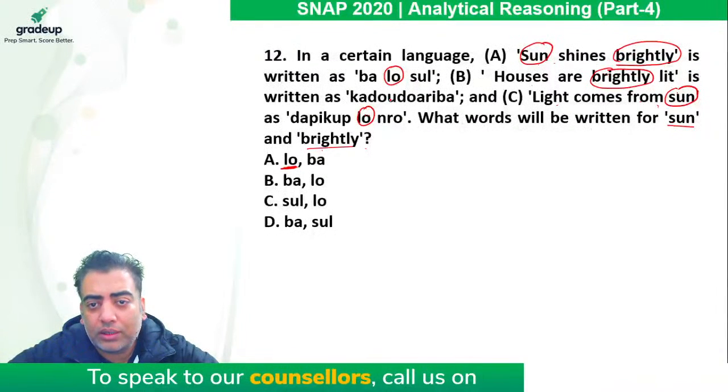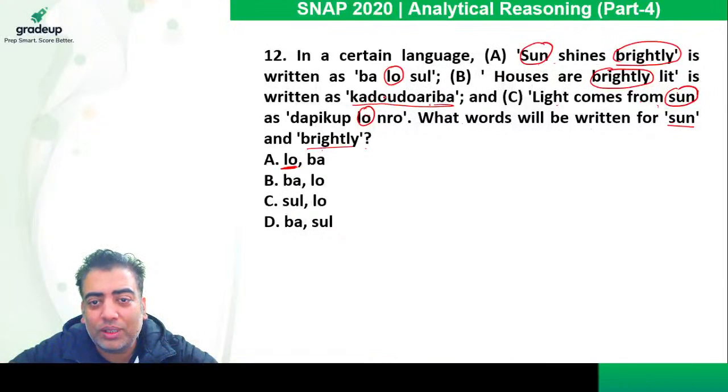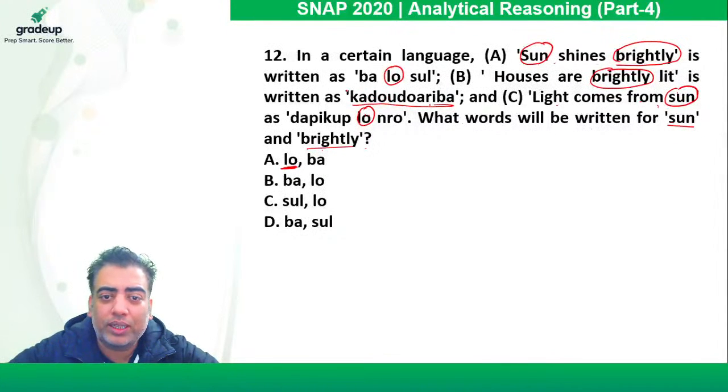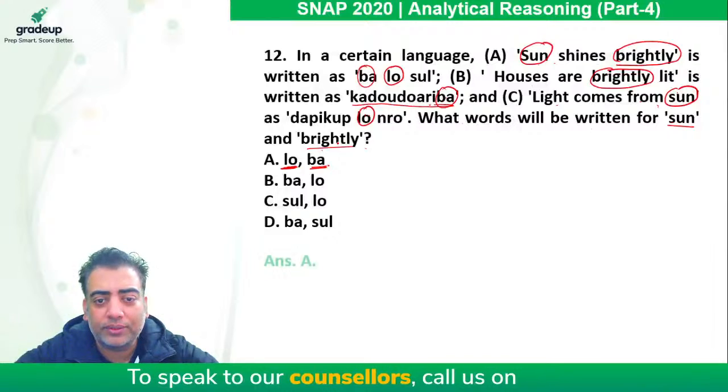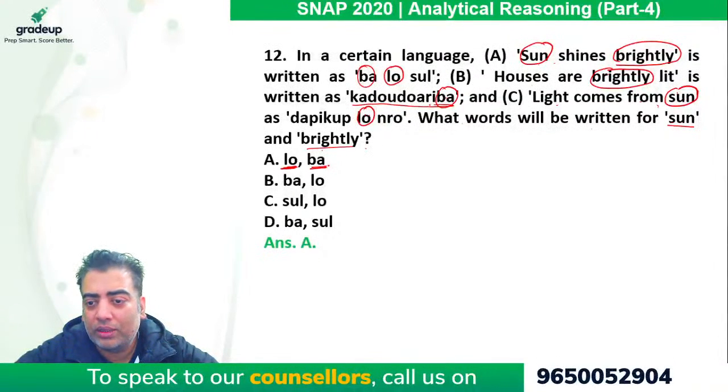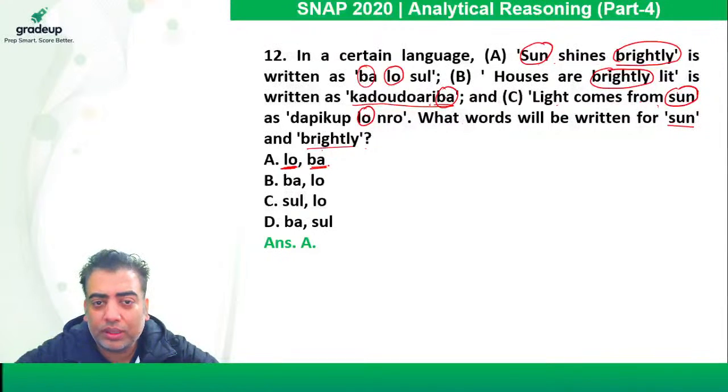Something went wrong here, I think it is a typo error, so it must be ba, which is common between these two. So the answer should be A, right? Yes, LO ba. It is A. So let's move on.